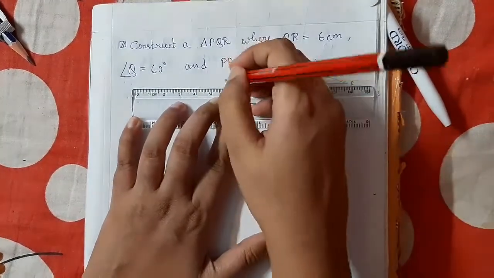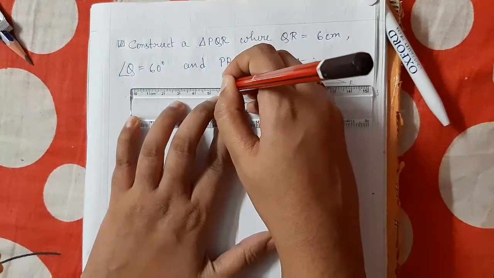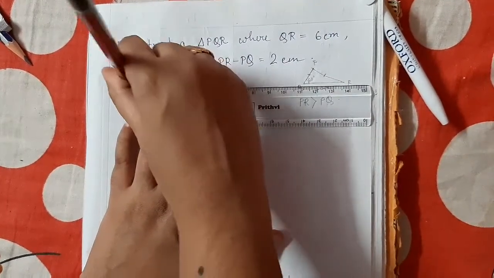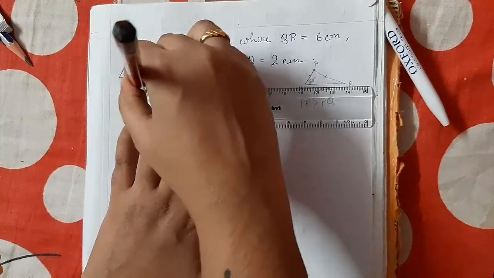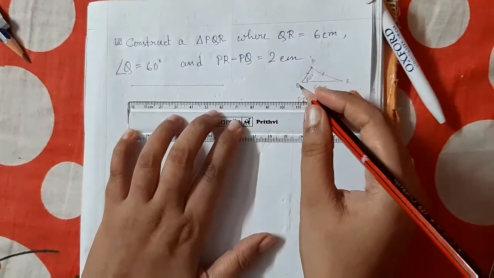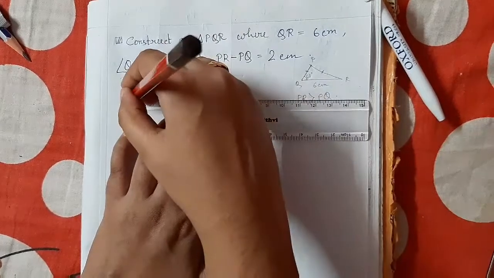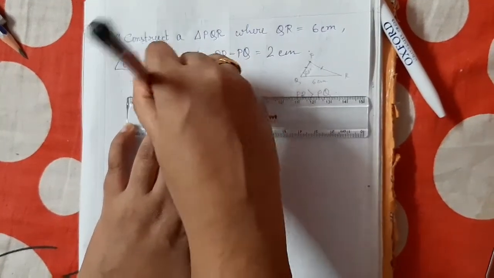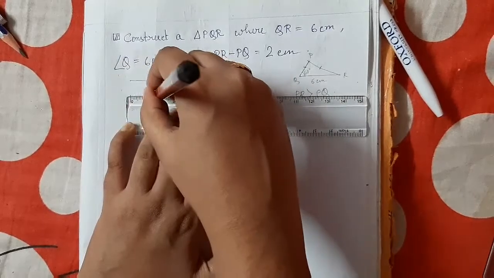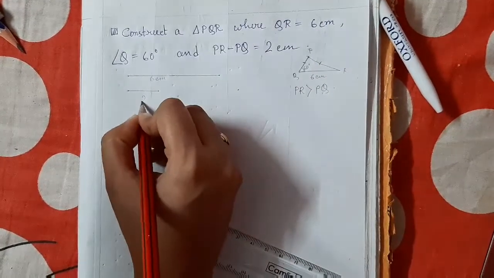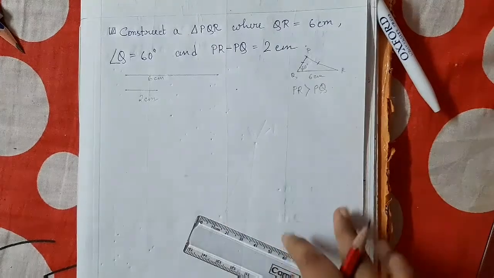First the line segment of 6 cm. Now the line segment of 2 cm. This one is 6 cm, this one is 2 cm.